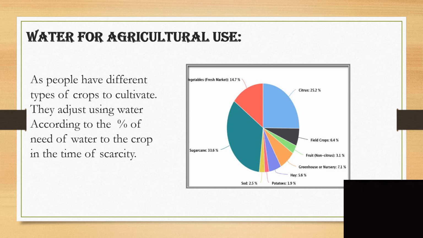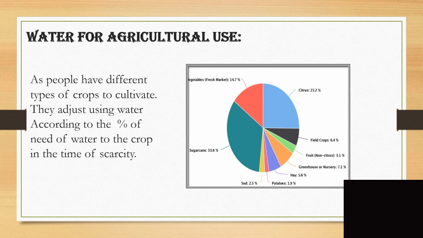Now let's look deeply at how the water is adjusted toward agricultural use by the farmer. We know that farmers cultivate different types of crops. So here the pie chart shows how he is adjusting the water for different types of crops. Now let's look one by one. Now let's go for field crops. For field crops, he is using 6.4% of the water, and for the fruits, he is using 3.1% of the water.